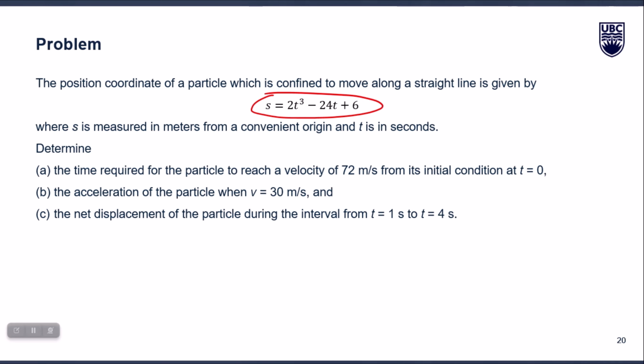So if an S versus T relationship is given, for example like this, a cubic equation in t, which can be plotted to get the curve, analytically you can take its first derivative, ds by dt, to determine what we call velocity, right? Velocity will be a second order polynomial, a quadratic equation. Velocity will become 6t squared minus 24, right?